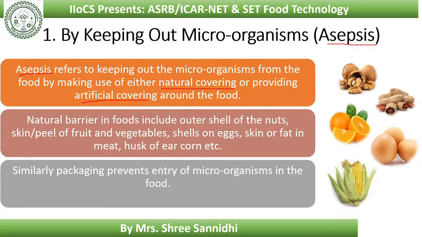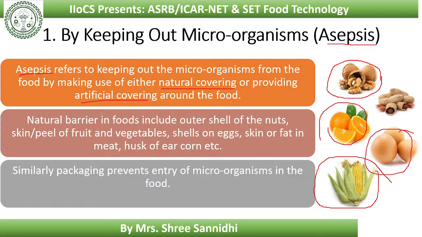Natural barriers in foods include the outer shell of nuts, you can see here, then skin or peel of fruits and vegetables like in oranges, then shell on eggs, or the skin of fat in meat, or the husk of ear corn.